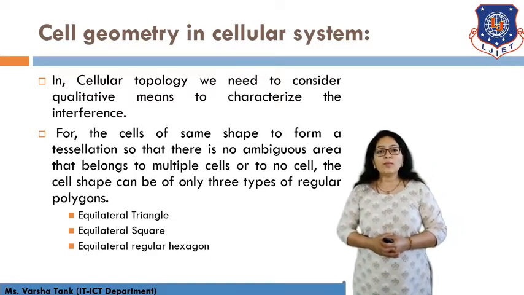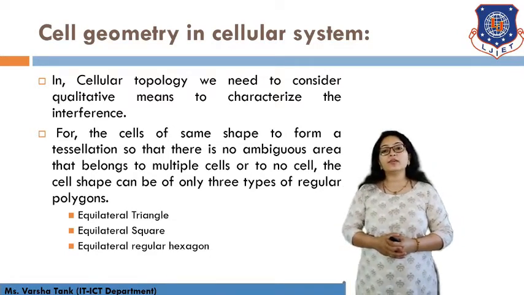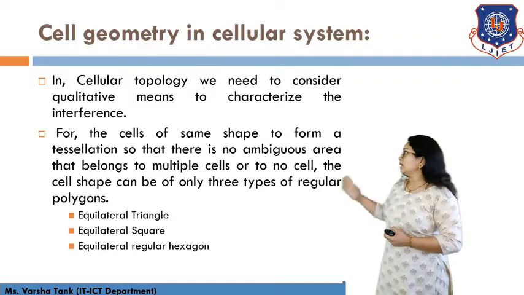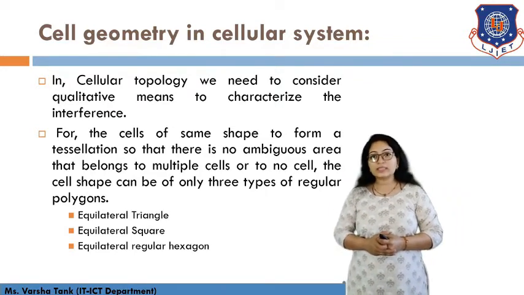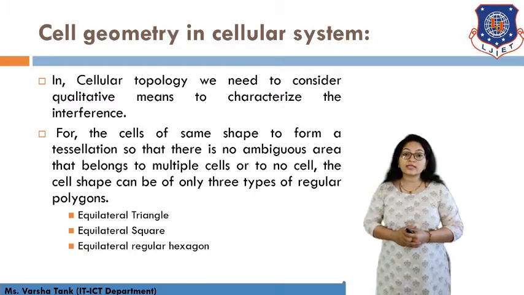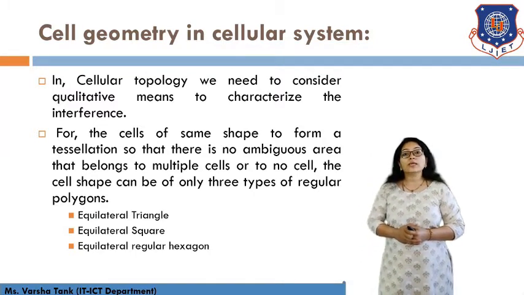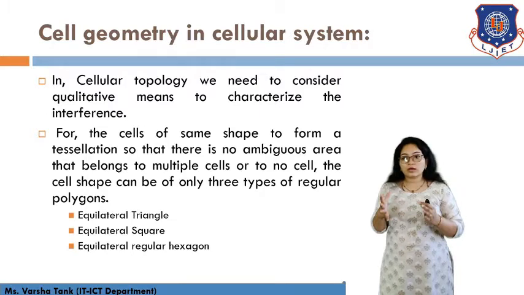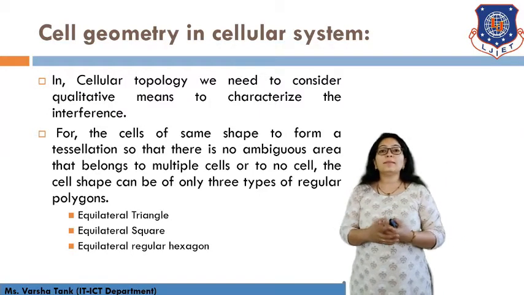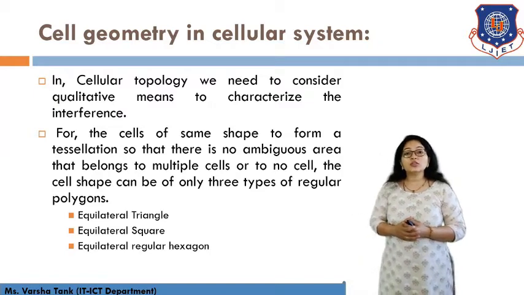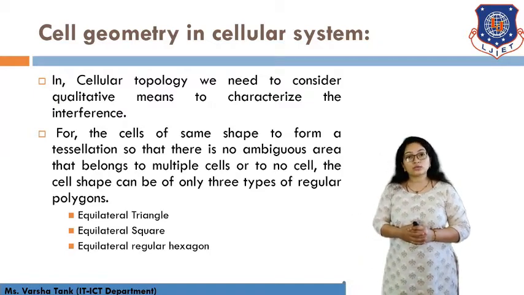Now the next topic is cell geometry in a cellular system. In cellular topology, we need to consider a qualitative means to characterize the interference. The cells should have shapes that form a tessellation, so that there is no ambiguous area that belongs to multiple cells or no cells.